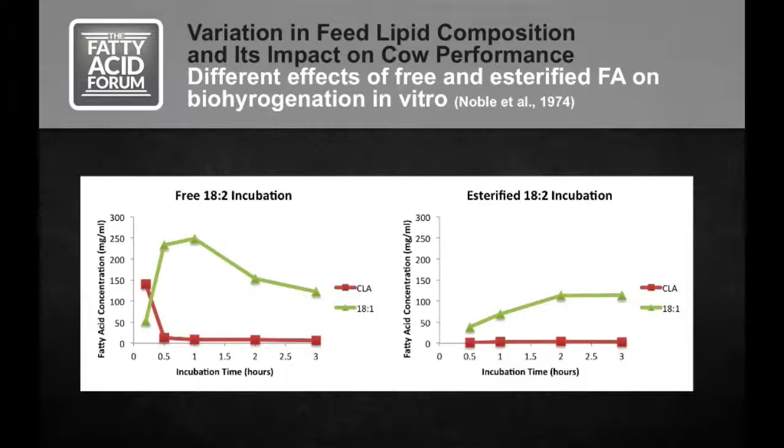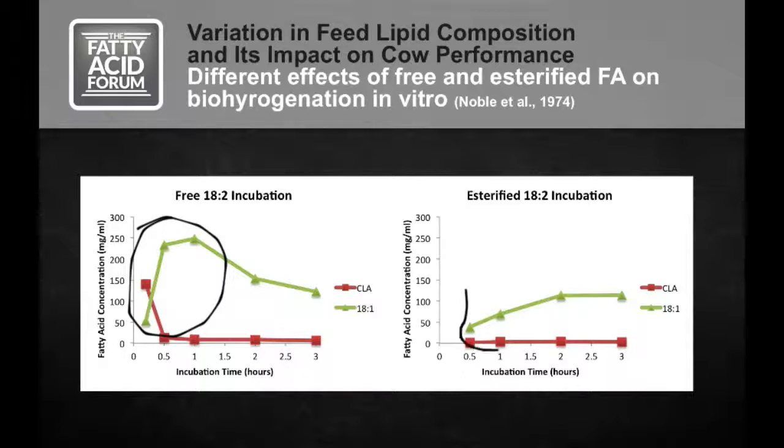Now, if we look in this slide at the key biohydrogenation intermediates, our CLA isomers and our trans 18:1 isomers, we can see that when we have the free linoleic acid added into the rumen, as I showed in the previous slide, there's a lot of linoleic acid that needs biohydrogenating quickly, so we now have this large increase in the amount of these biohydrogenation intermediates being produced very rapidly in the rumen.